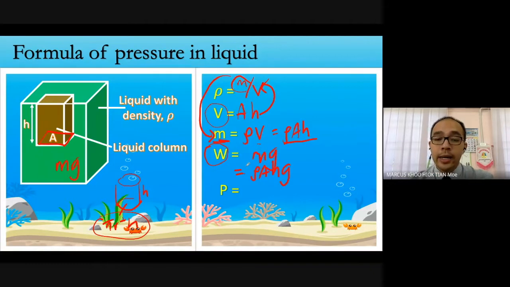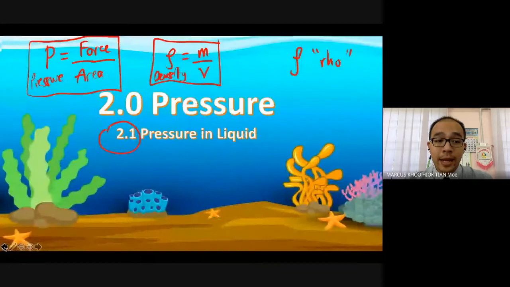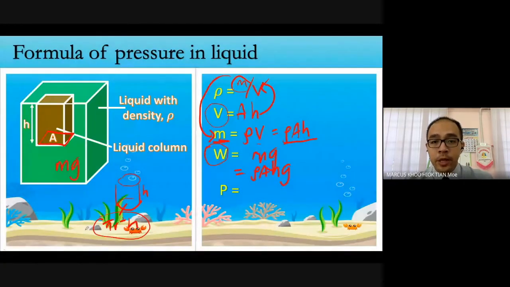And then I said just now that one of the first few formulas you learned last time is this one: pressure equals force over area, P equals F over A. And in this case, our force is actually weight. So let me put it over here.